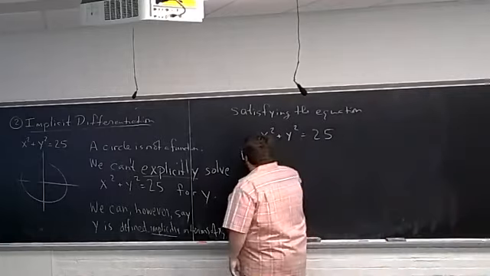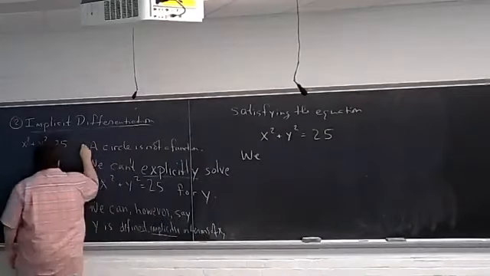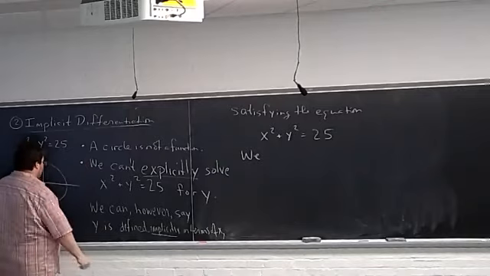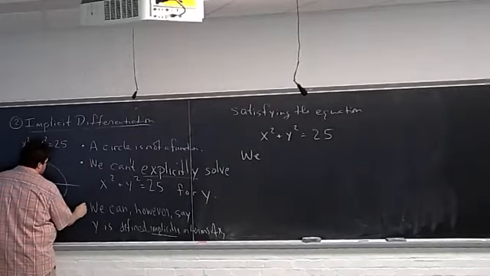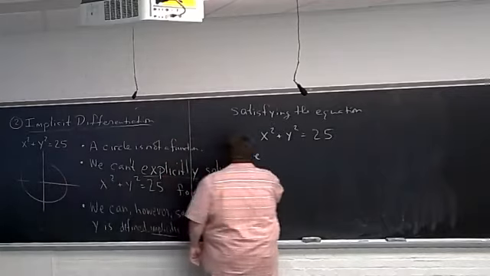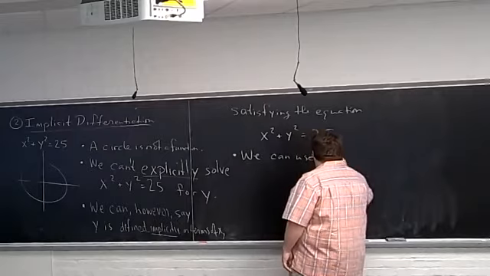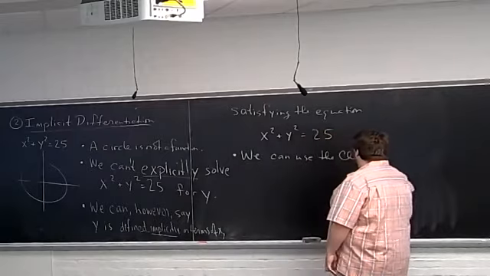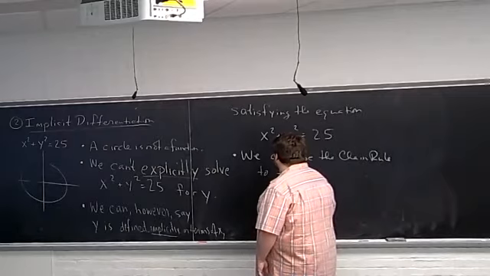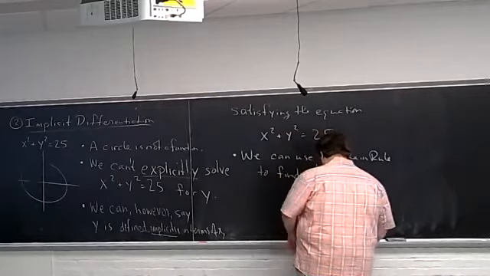So maybe I should bullet these. Bullet 1, a circle is not a function. We can't explicitly solve for y. We can say y is defined implicitly, satisfying that equation, and in that case, we can use the chain rule to find dy dx.